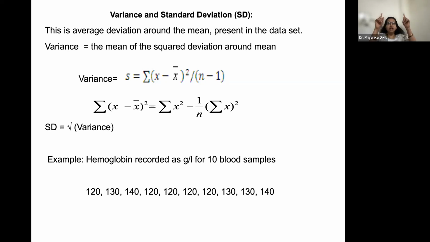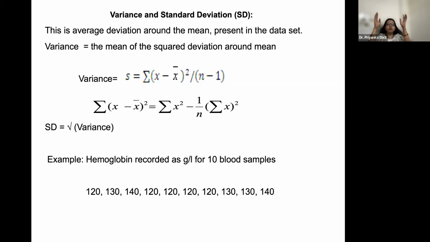Ultimately, by applying the modulus value or using the square term, we are trying to ignore the negative sign, right? Sometimes we get a positive value when we calculate xi minus x bar, and sometimes a negative value.